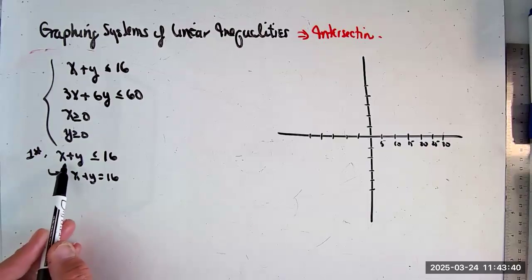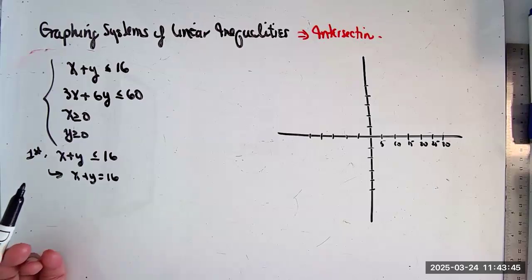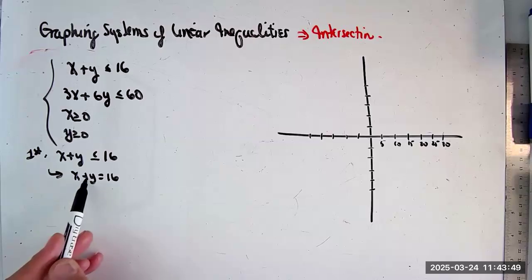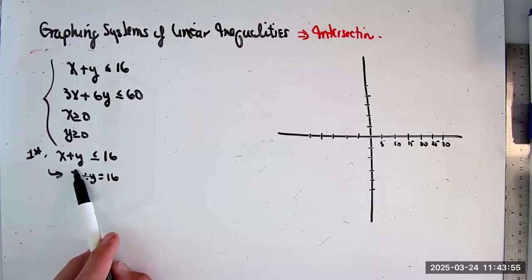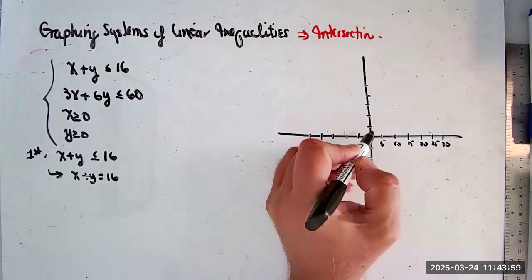Okay, so the first inequality, x plus y less than or equal to 16. We need to graph the boundary line, and for this one I'm going to use the x and y intercepts. When x equals 0, y equals 16, so I'm going to hit the y-axis at 16.